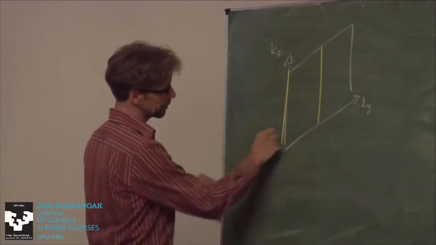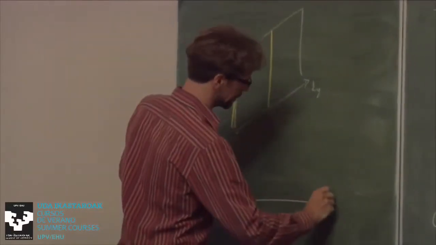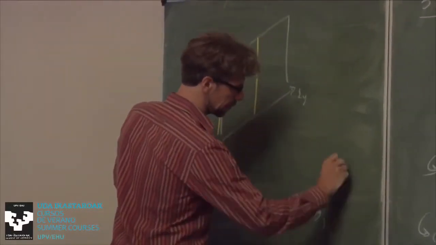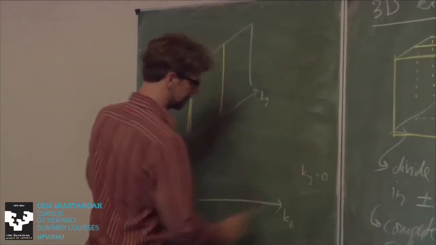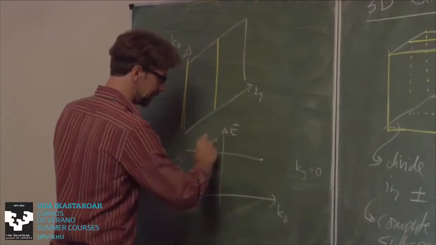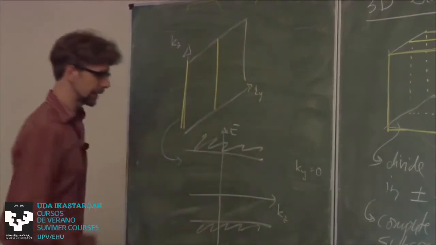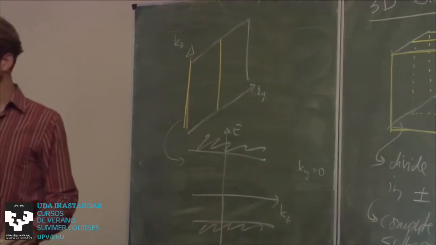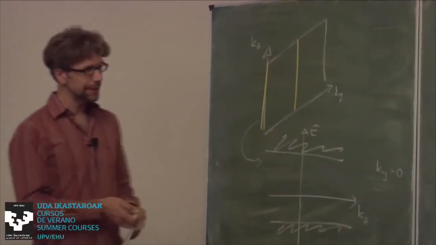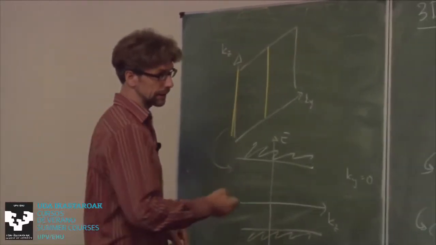So if I look at the electronic structure on this line, as a function of Kz for, say, Ky equal to 0, I'll have some bulk bands. And then let's look at the case where the mirror Chern number is 1. What does that mean? It means that I have one chiral mode.